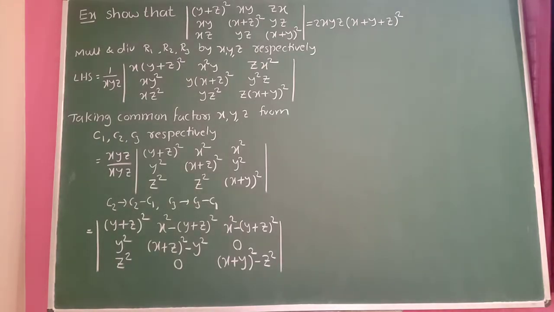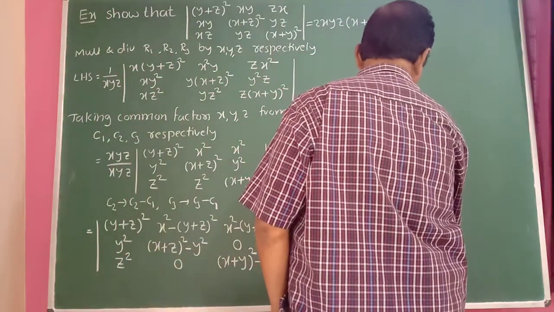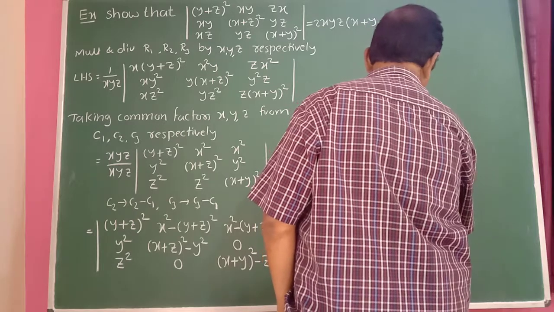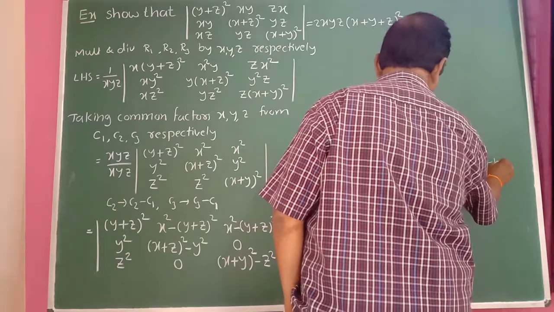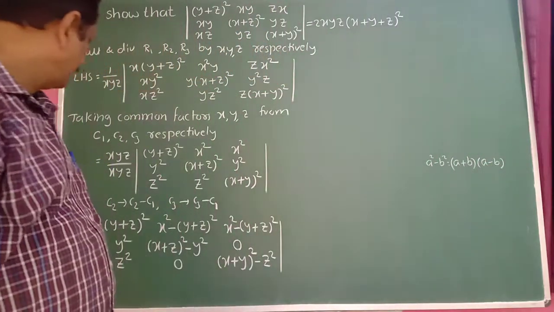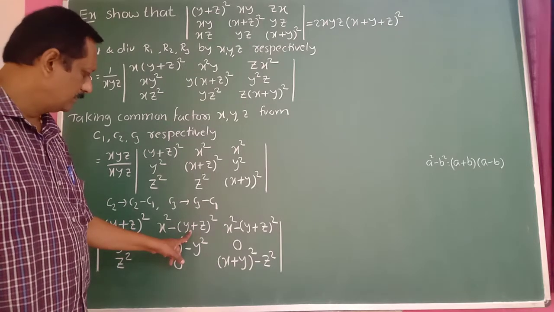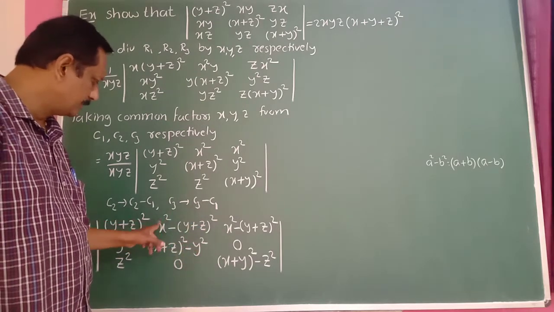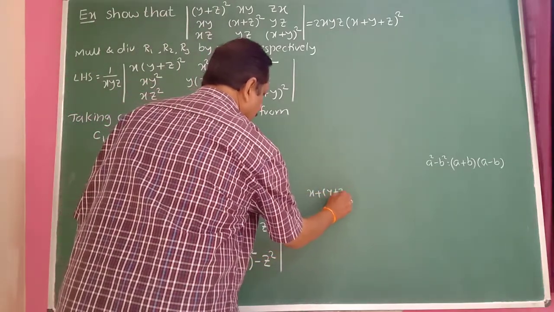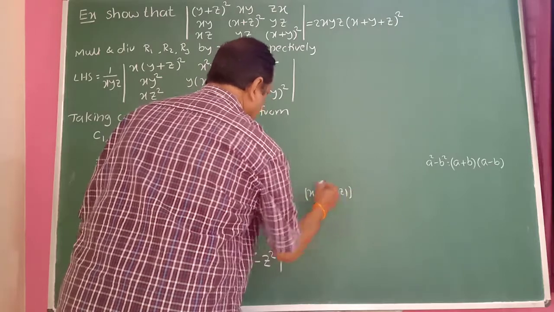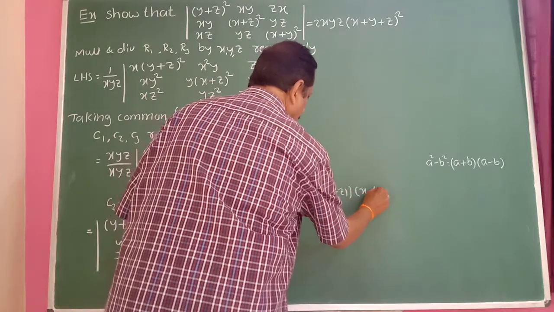So next, you know the a square minus b square formula. Here a square minus b square is equal to (a plus b) into (a minus b). This is the formula. Therefore x square minus (y plus z) whole square can be written as (x plus (y plus z)) and (x minus (y plus z)).